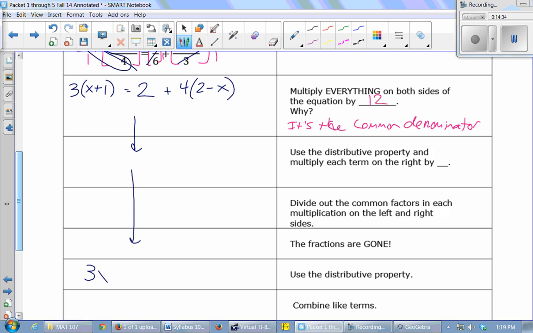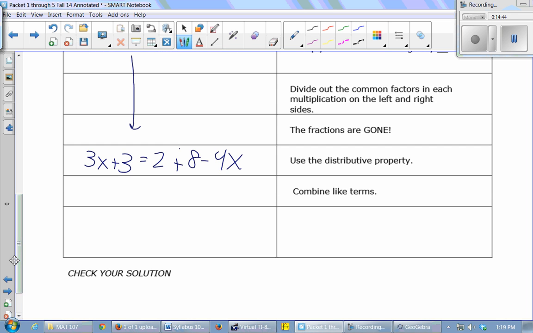So I have 3x plus 3 equals 2 plus 8 minus 4x. Combine like terms, and I'm going to have 7x on the left, add 4x to both sides. 2 and 8 is 10, subtract 3 from both sides, and I get 7. So x equals 1.